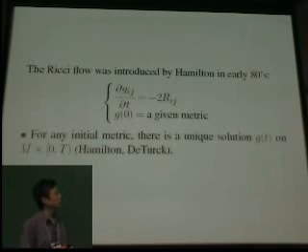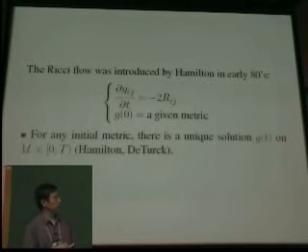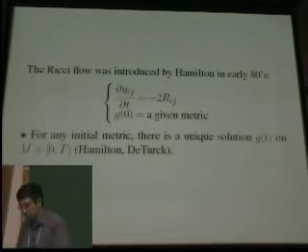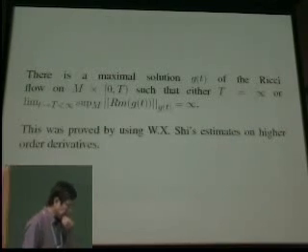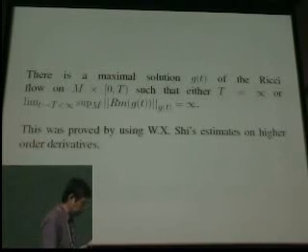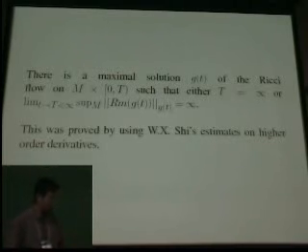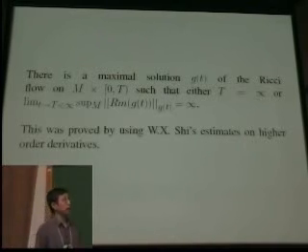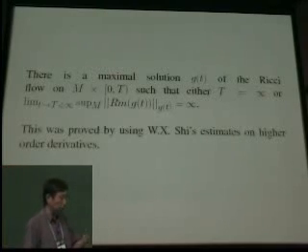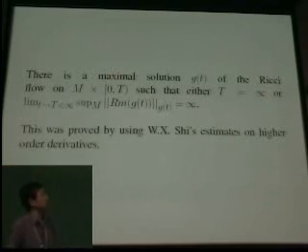The local existence was established a long time ago, more than 25 years ago, by Hamilton and DeTurck. This short-time existence is always okay. You can always find a certain time for which the flow has a solution. The problem is how far you can evolve the metric, whether or not you can evolve it eventually to a nice metric.